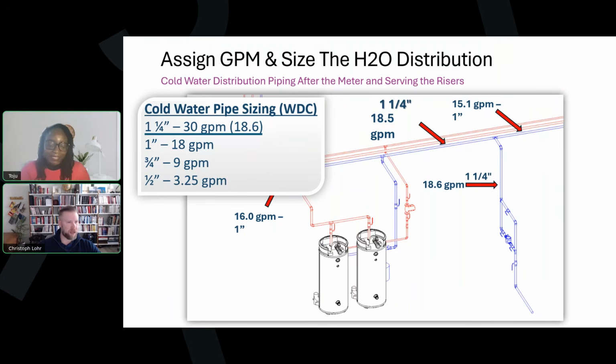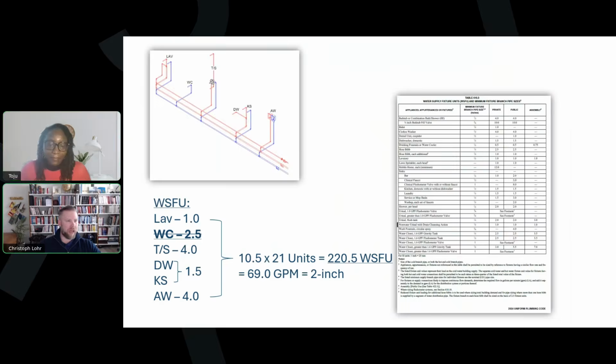Excellent, thanks, Toju. All right, so let's take a quick look at hot water only. If we account for the hot water only sections, and again, we eliminate basically the water closet from our calculation for the individual units based on fixture units, we end up, based on the fixture unit method, with a 69 GPM hot water line going from the water heater, or the cold water makeup into the water heater, and then the hot water main coming out of it.